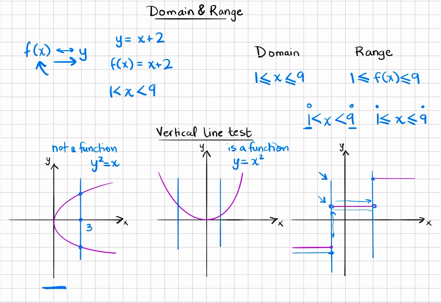If I look at the first line here, only one value is there, because this one doesn't count, it's excluded, but this one is included. So I do have one value here, that's fine. On the second line, it's exactly the same. Only one value here. So actually this is a function.